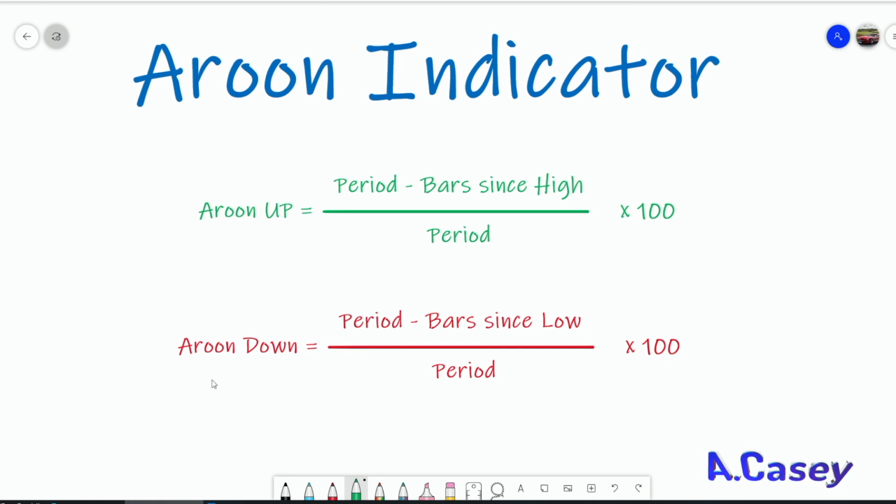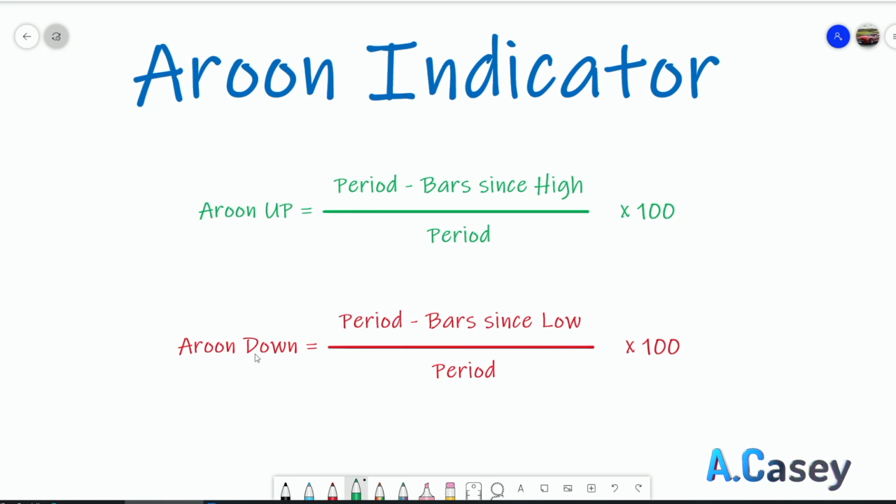So it has two channels, Aroon up and Aroon down, and the up channel is calculated like this. You take the look back period and deduct the number of bars since the last high happened. You divide that by the look back period, multiply by 100, and then you get the indicator.